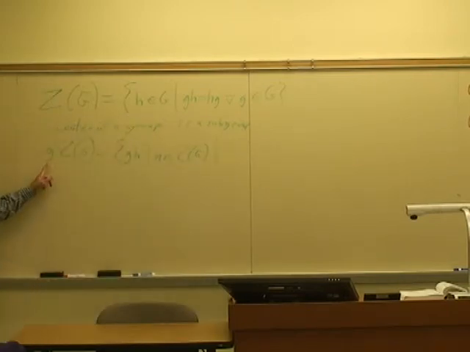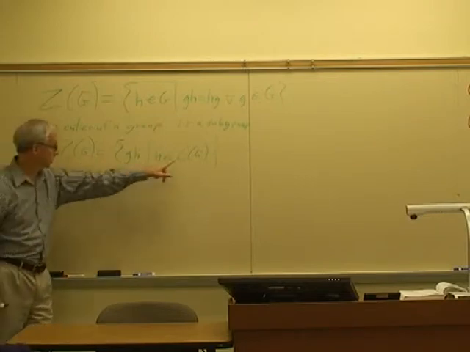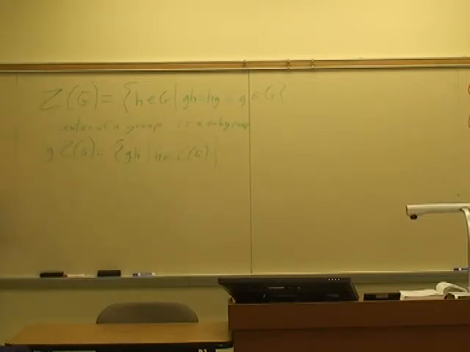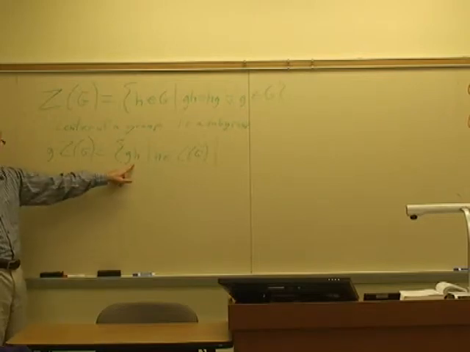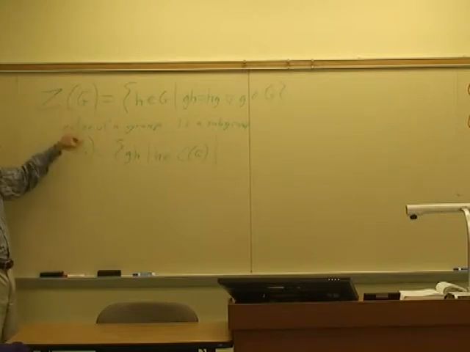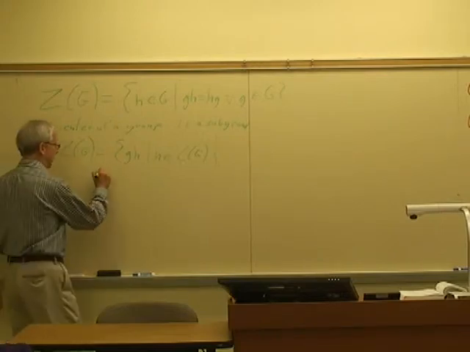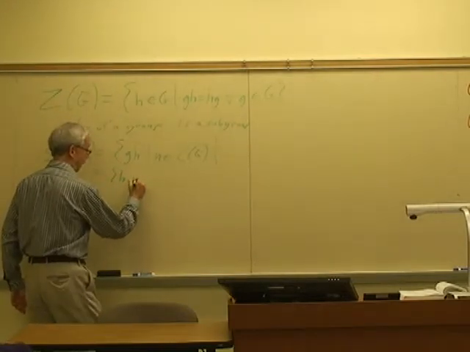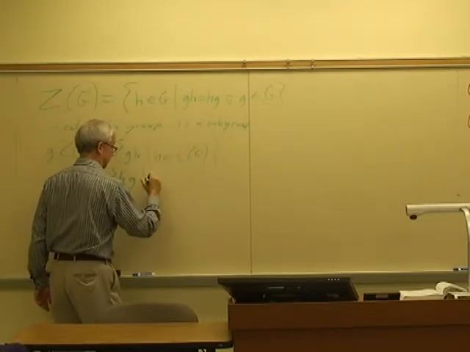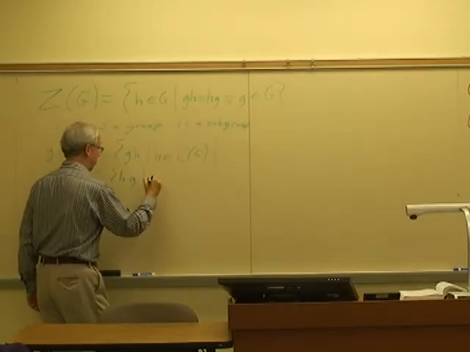The right coset: pick a particular element G and do that. Well, that's by definition the set of all G times something in here. But it's the center of the group. So what is this equal to? By the definition that this is the center, what's GH equal to? It's equal to HG, right? Because every element in here commutes with every element in the group.